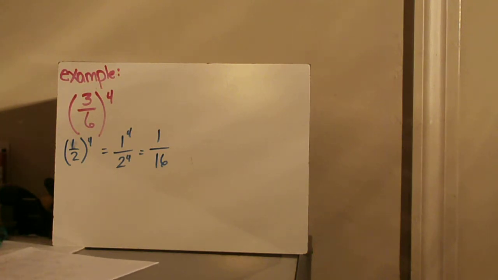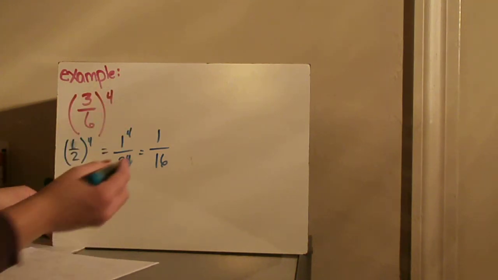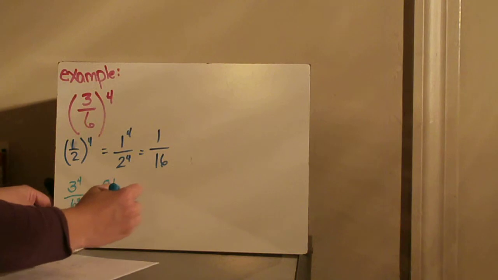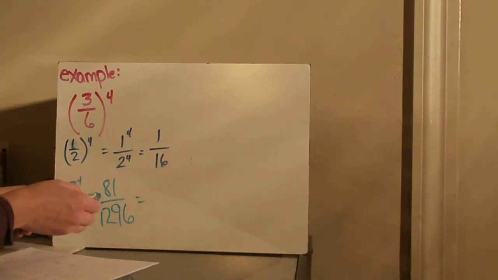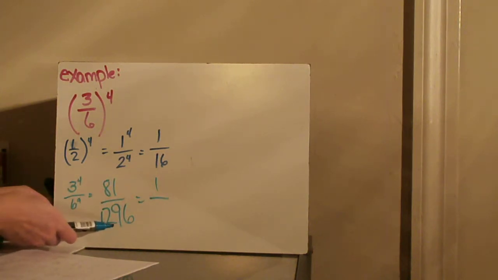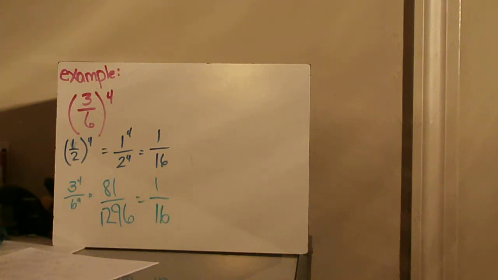If you didn't reduce it, you would have 3 to the fourth over 6 to the fourth, and 3 to the fourth is 81, and 6 to the fourth is 1,296. Then to reduce that, 81 goes into 81 once, and 81 goes into 1,296 16 times. So it's just a little easier to reduce at the beginning of your fraction.